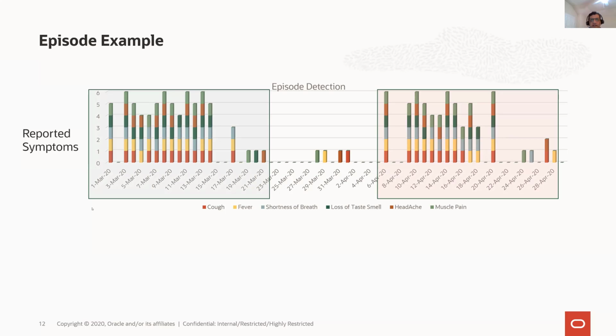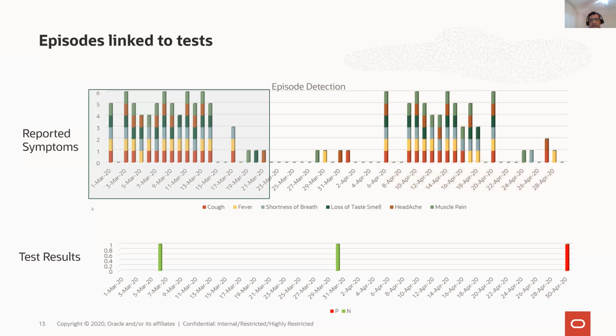The second aspect of this, like I said, is that there's a test stream which is coming in. This person, for example, was tested in early March and then late April, and late March and then again late April. The green bars are basically a negative COVID test and the red one is a positive COVID test.